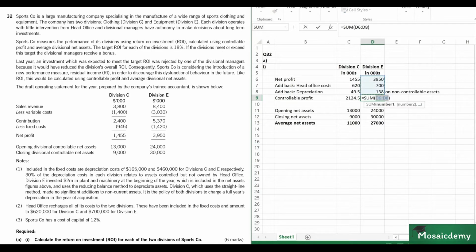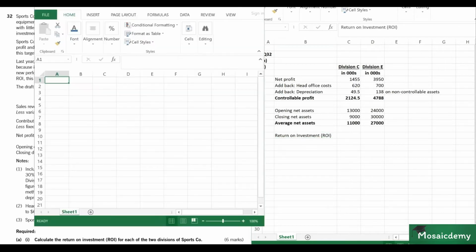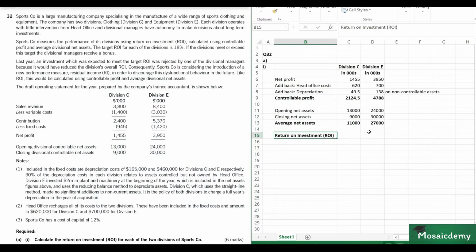So 2124.5 and 4788. Again, this is a critical part of the calculation, so we'll make it bold. And then we have our ROI, return on investment. We'll put the shorthand ROI for further usage in the question, so bold.